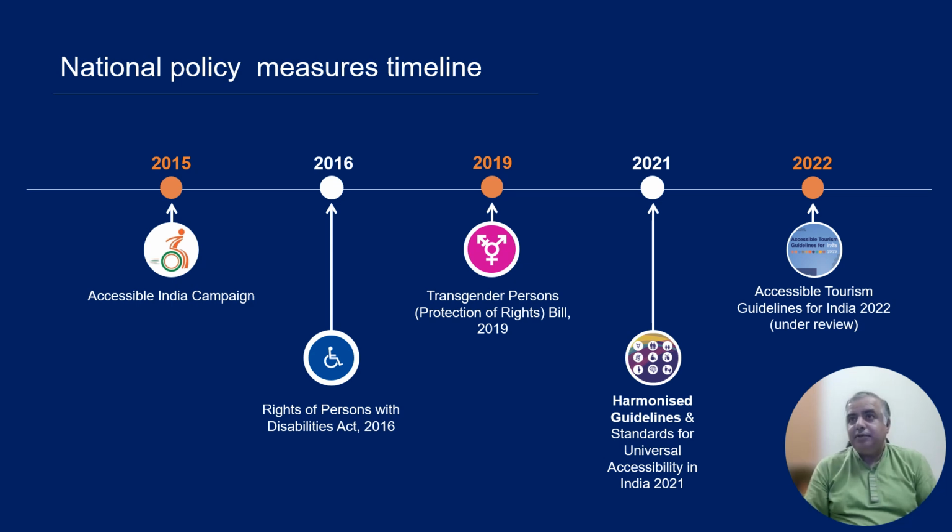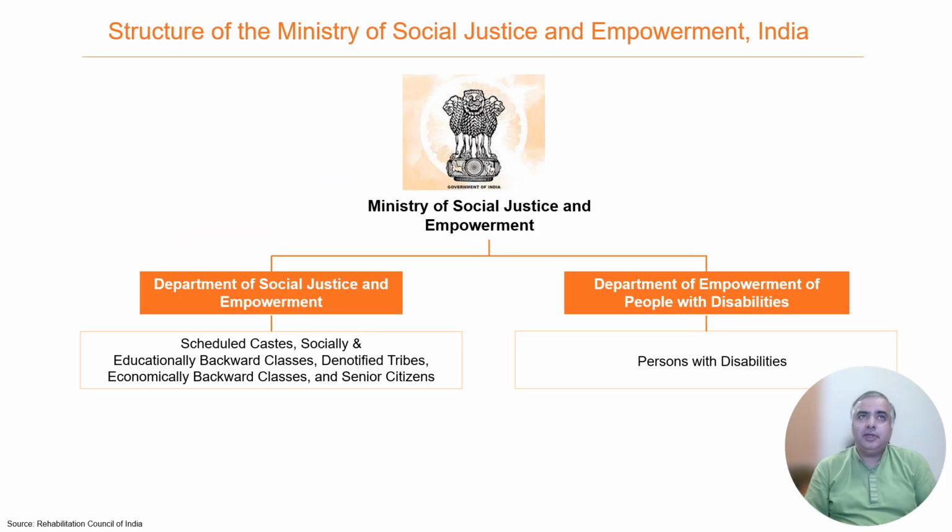In 2022, the Accessible Tourism Guidelines were formulated, which still remain under review before they could be launched in public domain. The idea is to say that the Indian side of policy evolution reflects a very progressive path.